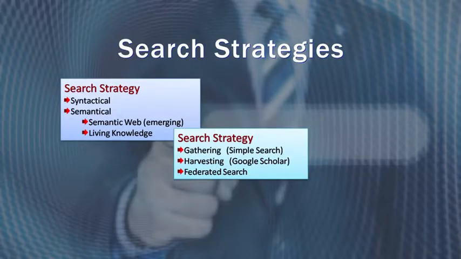The search strategy has also graduated from mere gathering, that is a simple search where you give your keywords and get the records, to harvesting, like Google Scholar, where you can harvest your records, and federated search, which facilitates access across discrete databases and repositories through one search, irrespective of how diversified those resources are, and they could come from different databases.